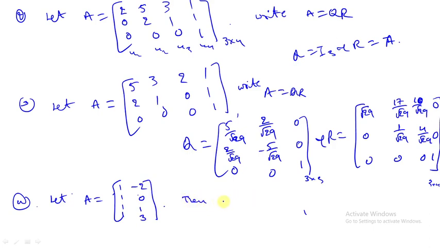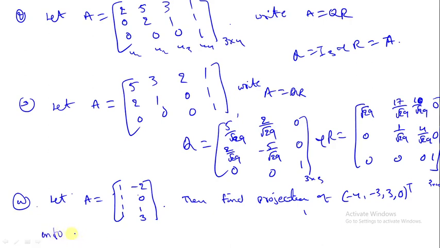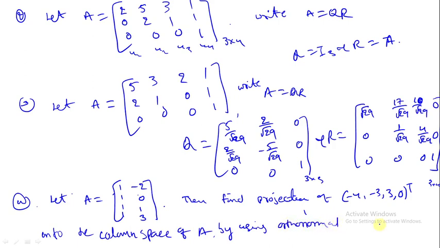Then find the projection of minus 4 minus 3 3 0 0 0 onto the column space of A by using orthonormal vectors.